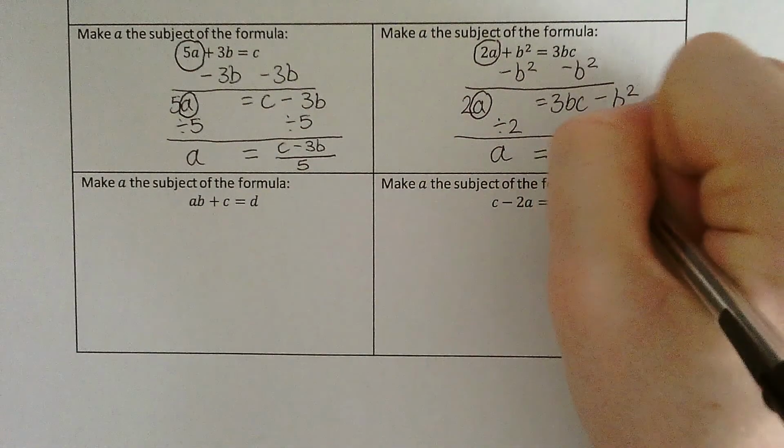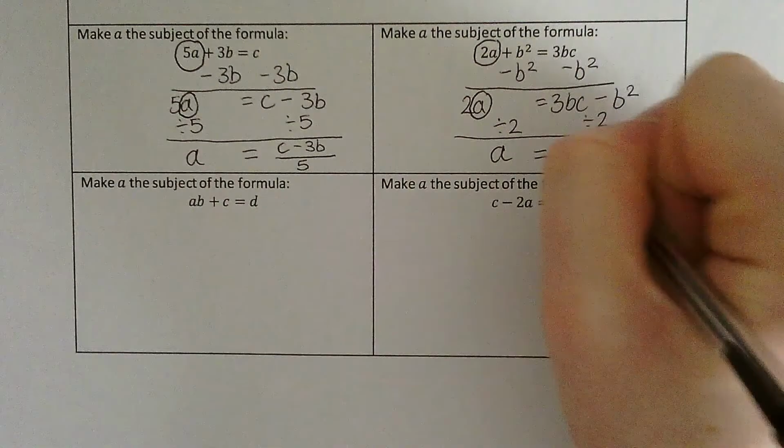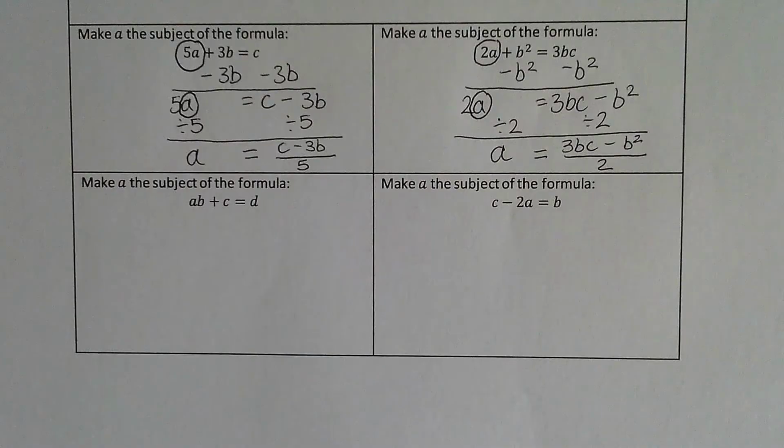So that is written as a large fraction, like so. So, to make a the subject of the formula, we get a equals 3bc take away b squared all over 2.